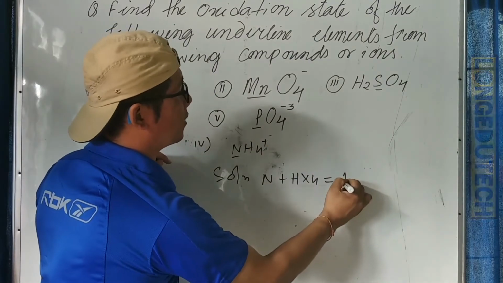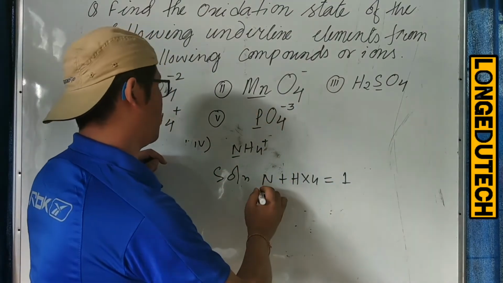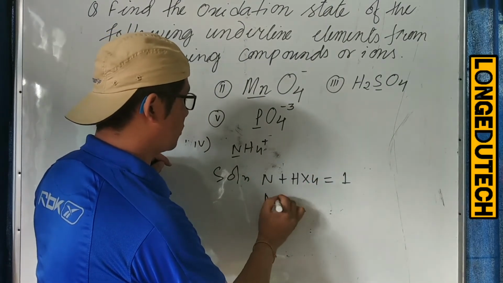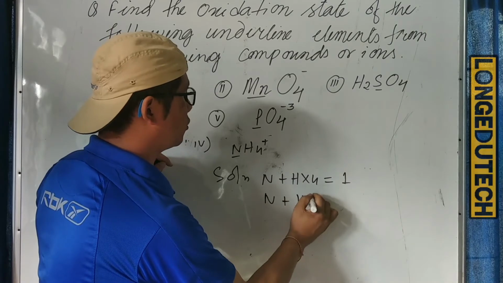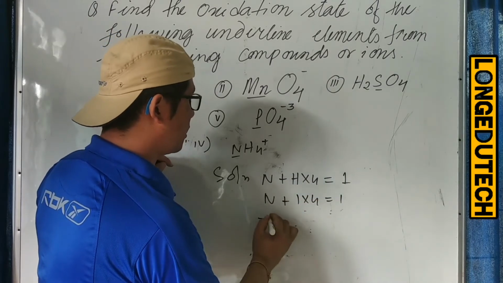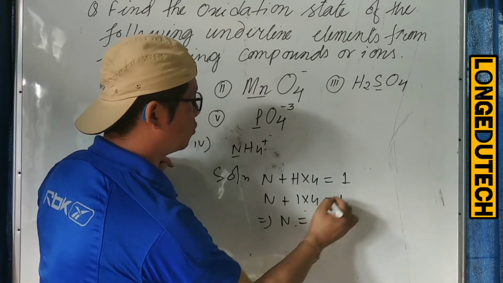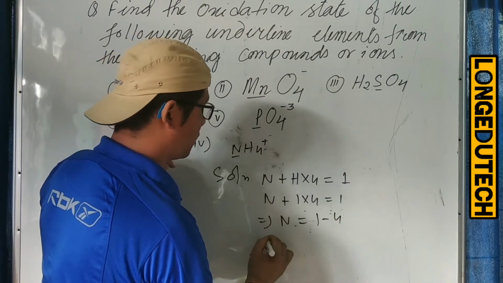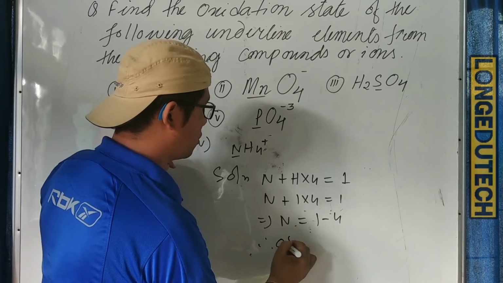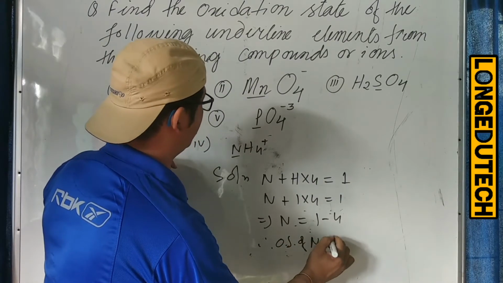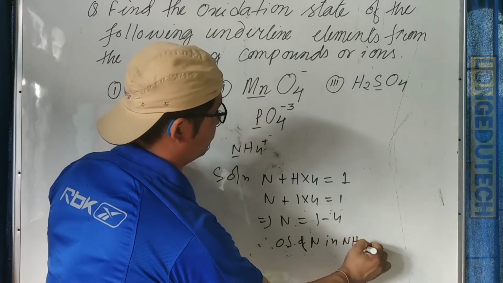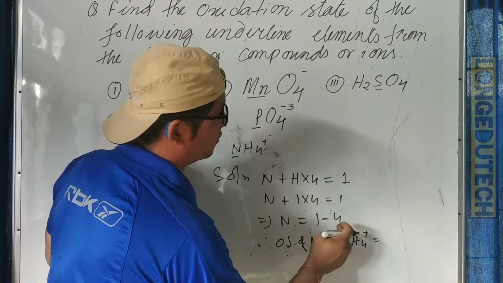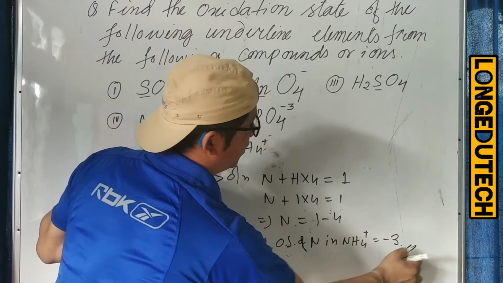Plus means a single positive charge only. So nitrogen plus hydrogen 1 into 4 is equal to 1. Then nitrogen is equal to 1 minus 4. Therefore, the oxidation state of N in NH4 plus is how much? 1 minus 4 is minus 3.